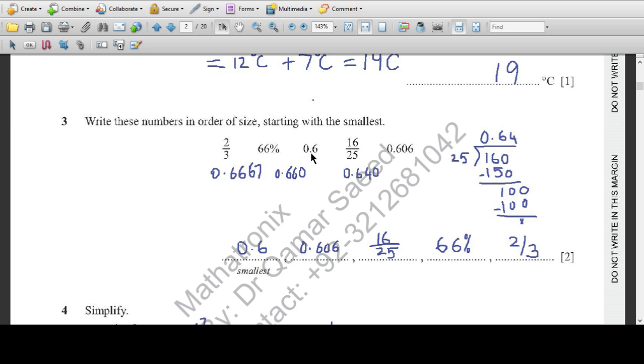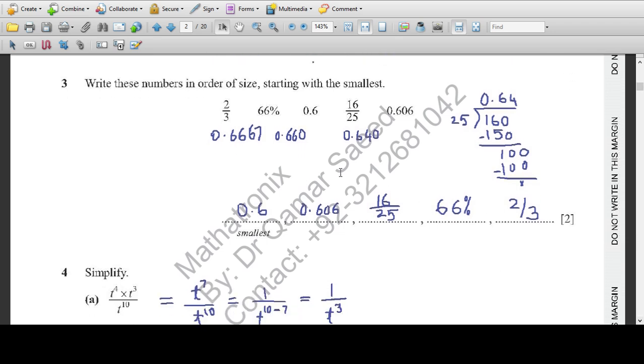Now we can see that the smallest number is 0.6, so we place this 0.6 here, and then the second one is 0.606. The third one is 0.640, which corresponds to 16 upon 25, and then 66%, which is 0.660, and the last one is 2 upon 3, which is 0.666667, corrected to the fourth or third decimal place.